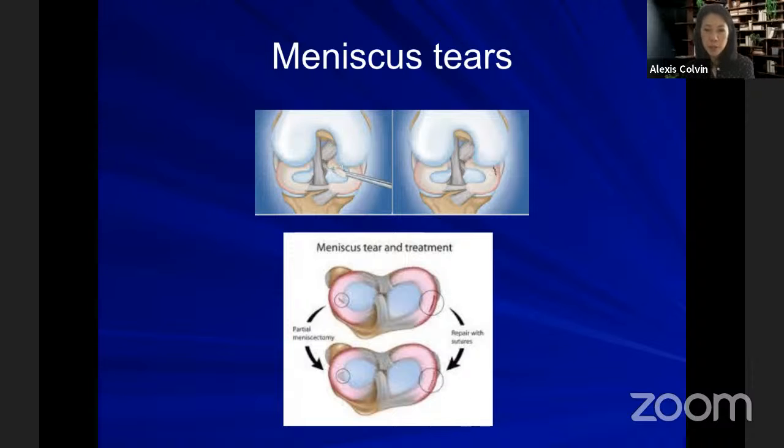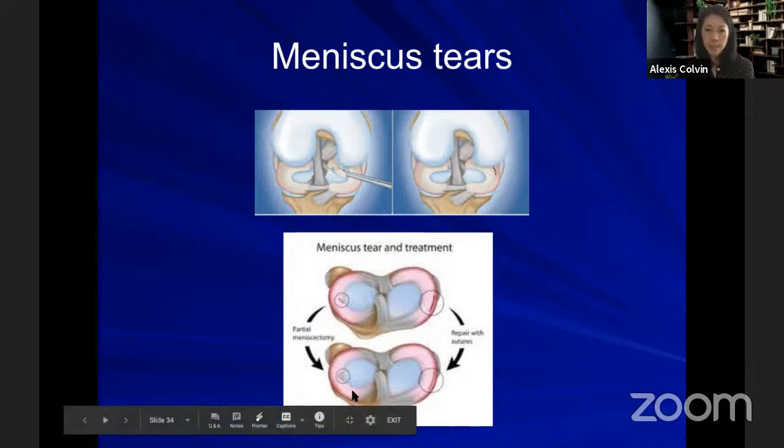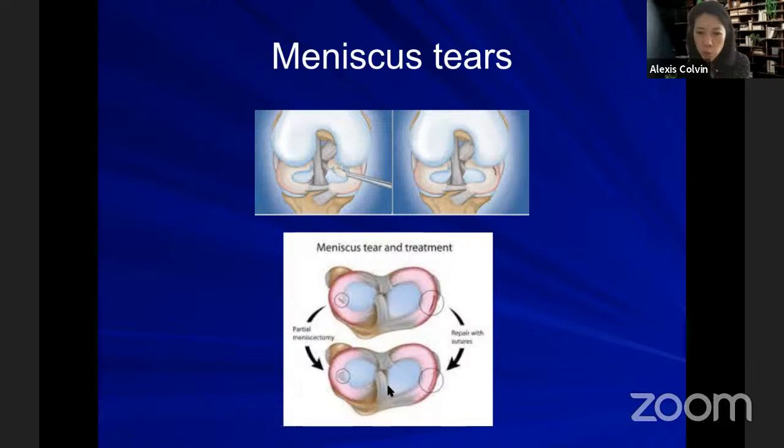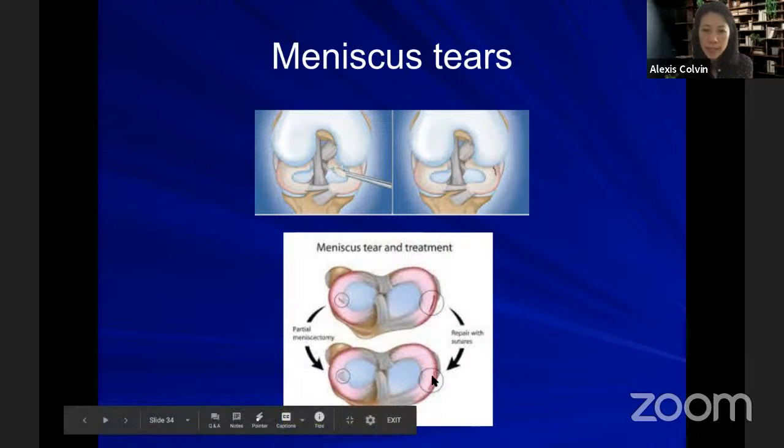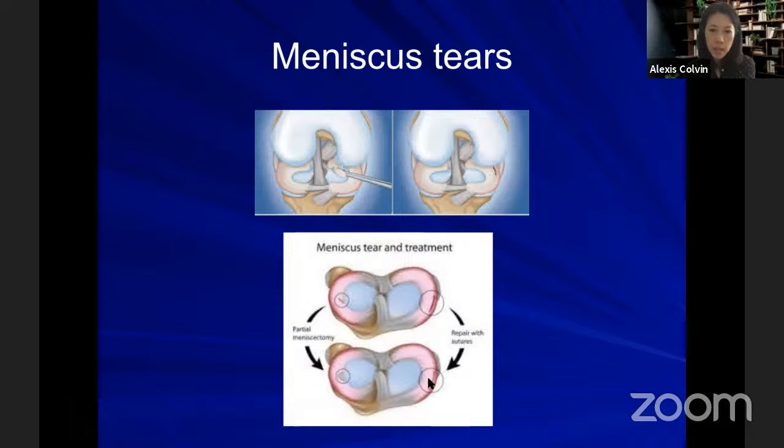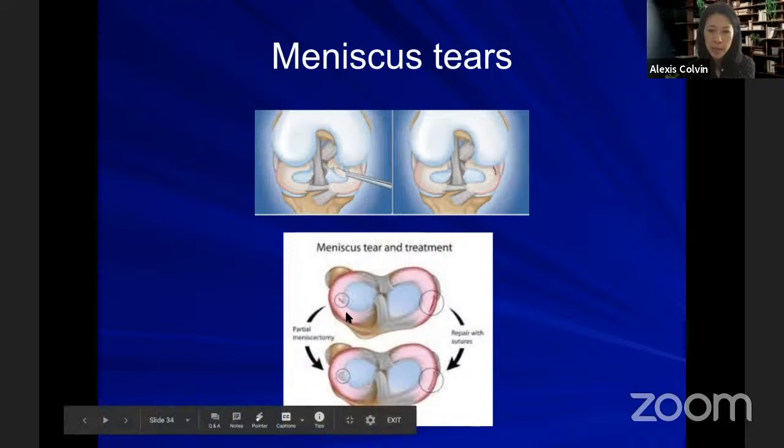So the difference in those two, as to why you clip it versus sew it together, is that the very dark pink on the bottom is in the outer part of the meniscus, because that's where the blood supply comes to. Actually, if you go to the right, the one that says repair with suture. So if you look at where that tear is compared to the tear on the meniscus on the other side, one is in the very dark pink area and one is in the lighter pink area.